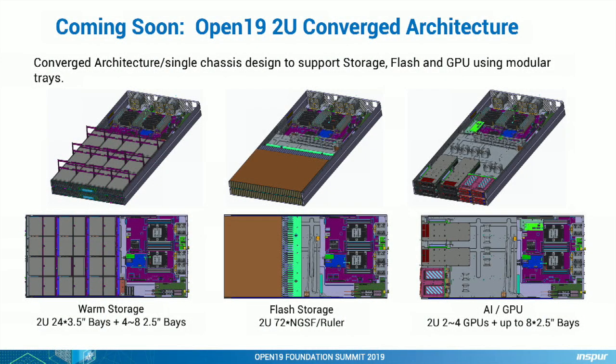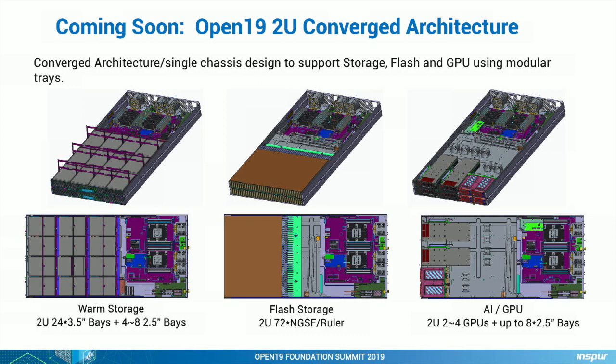And then for flash storage, we are planning on having a 72 NGSFF or ruler form factor available. And AI and GPU is growing very, very quickly as well, so we actually leverage the same form factor. We are going to put a GPU board in there.